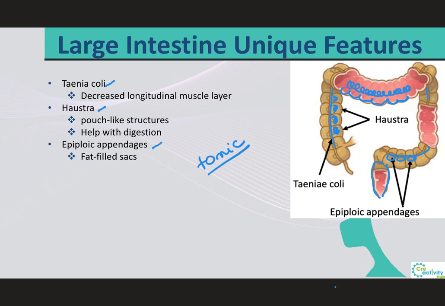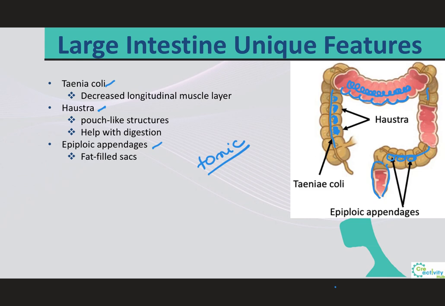And the purpose of these epiploic appendages is still not well known. Although the rectum and the anal canal have neither the teniae coli nor the haustra, they do have well-developed layers of muscularis that create the strong contraction needed for defecation.